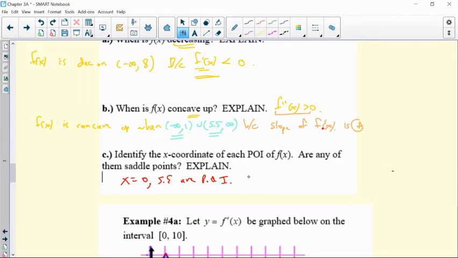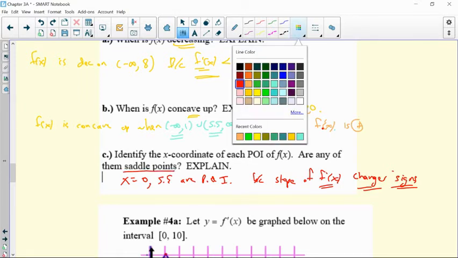I could say points of inflection because the slope of f prime of x, because remember I can see f prime, and so I can measure the slope, changes signs. And again, it doesn't really matter if it's positive to negative or negative to positive. What matters is that it changed signs. So perfect. Are any of these saddle points? Now, how do you tell if you're a saddle point?